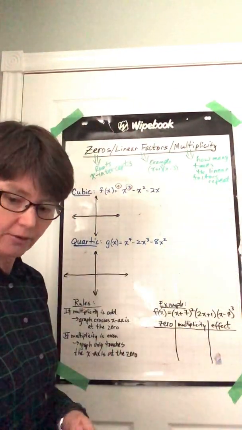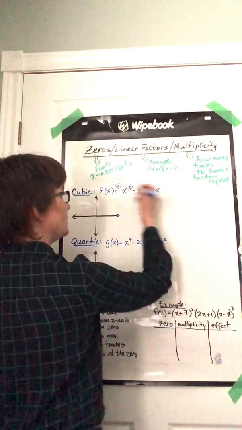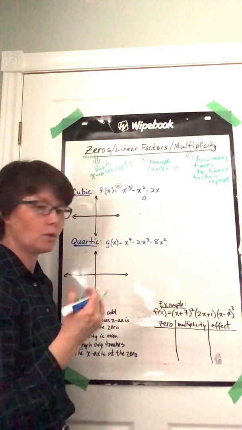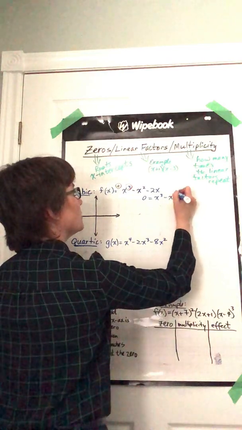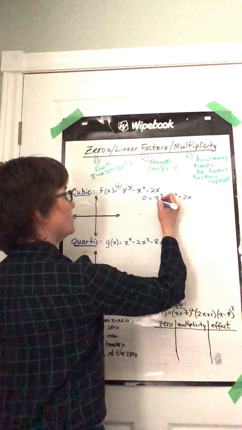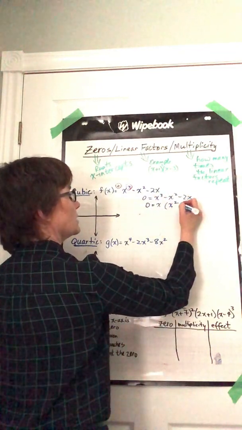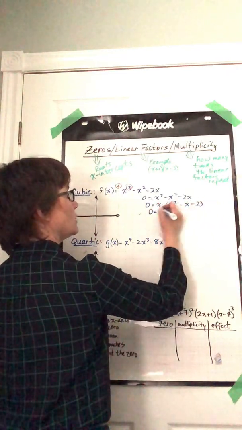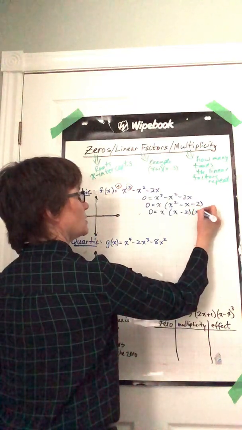If it's factorable, it makes things a lot easier. So we'll let y equal 0, because remember you can always find x-intercepts by letting y equal 0. And then we're going to see if we can factor this side. There's a common factor there of x, which leaves us x squared subtract x subtract 2, which is a quadratic that we can factor. x minus 2, x plus 1.